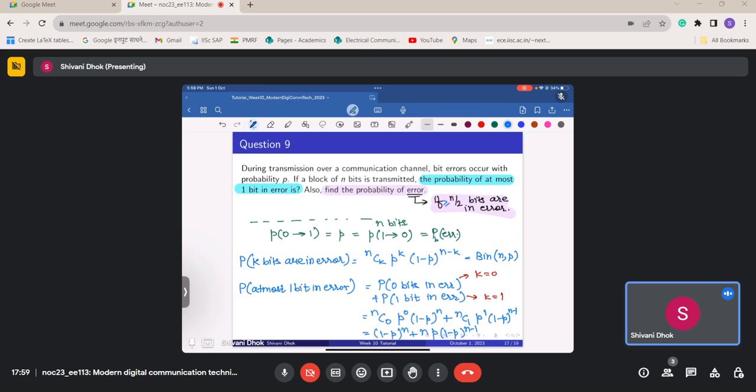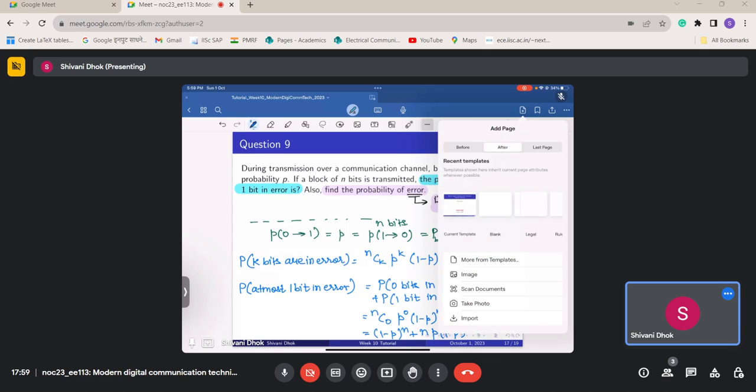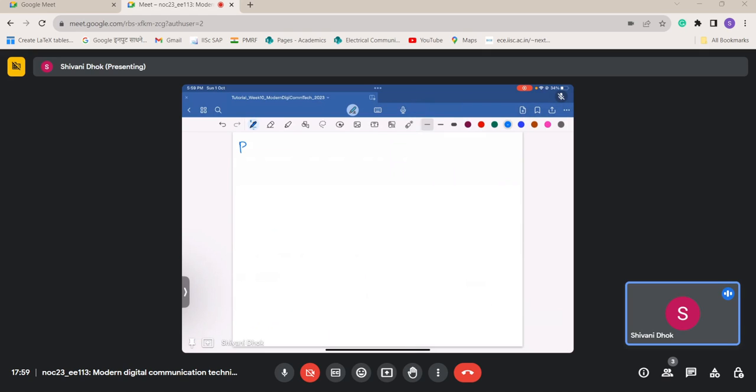So this can be written as: the probability of error is equal to the probability that k is greater than or equal to n by 2. Since k is an integer, if n is odd then n by 2 will be a fraction, so I can write the ceil function of n by 2, or rather (n plus 1) by 2.